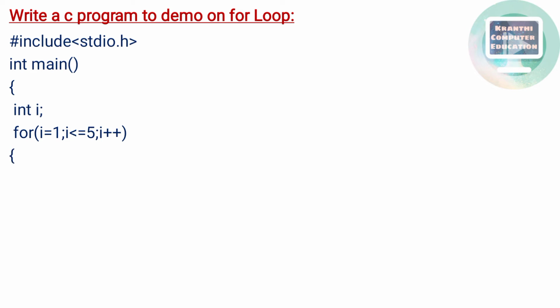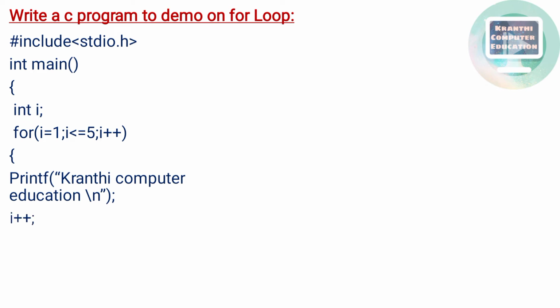For loop opening brace, printf "Kranti computer education\n", and then for loop closing brace, and then return 0, and then the main function closing brace. So this is the program.